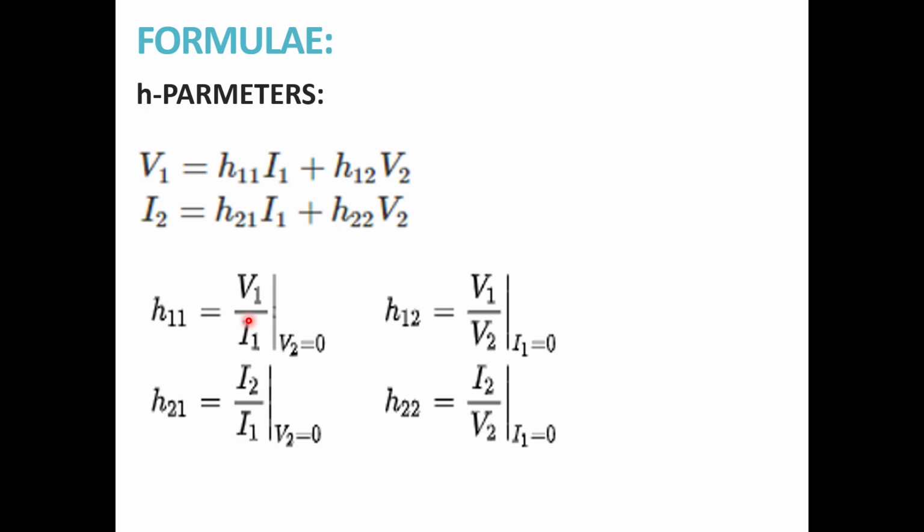So when port 1 is open circuited, you will get H12 equal to V1 by V2 at I1 equal to 0 and H22 is I2 by V2 at I1 equal to 0.